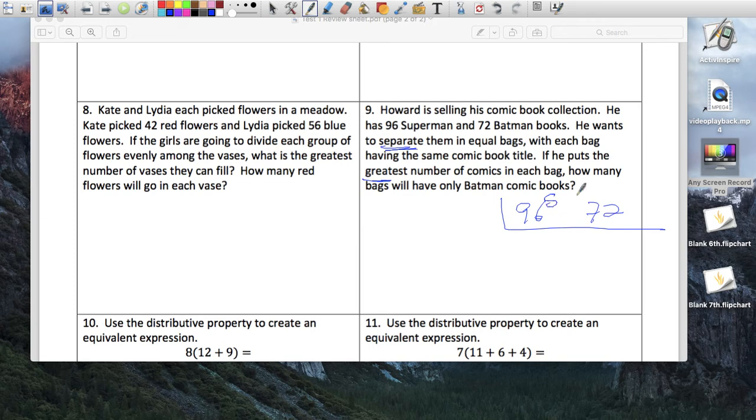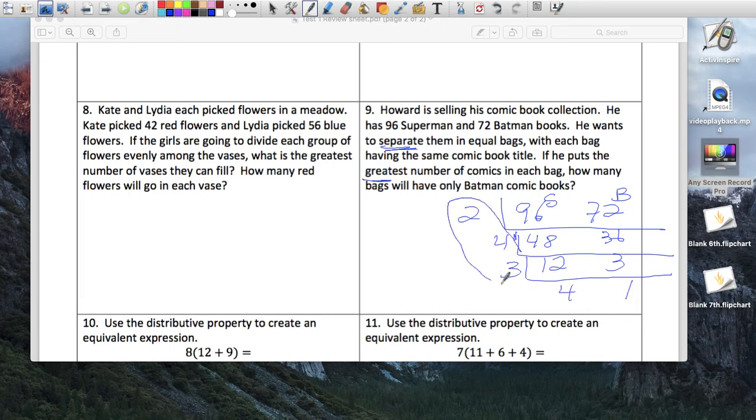This is Superman and this is Batman. 2 works. 48, 36. 2 works again, but I don't want to use it, so I'm going to use 4. 4 is 12, 3. I can use 3, 4, and 1. Done.